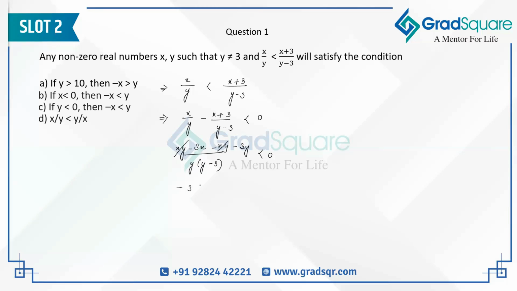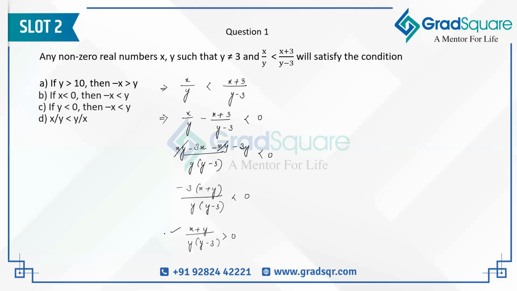I get minus 3 common here, x plus y divided by y into y minus 3. Now let's divide both the sides with minus 3. When I divide both the sides with a negative number, remember that the inequality sign has to change. So that will now become x plus y divided by y into y minus 3, and this is going to be greater than 0. So this is the simplified version.